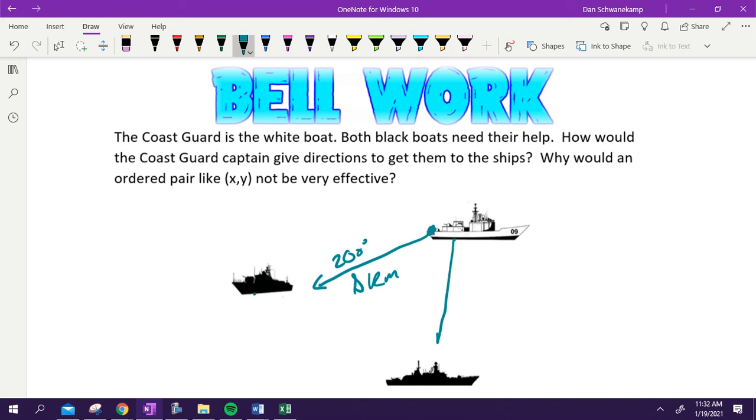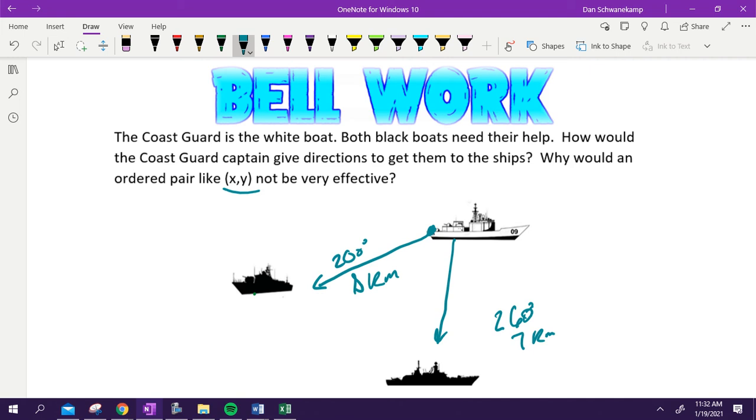To get to this boat, it looks like you have to go 260 degrees and 7 kilometers, right? That's a lot better than X comma Y here. X comma Y would be like travel left for 3 kilometers and then travel 6 kilometers south. That would become really strange, and it just doesn't work quite as well.